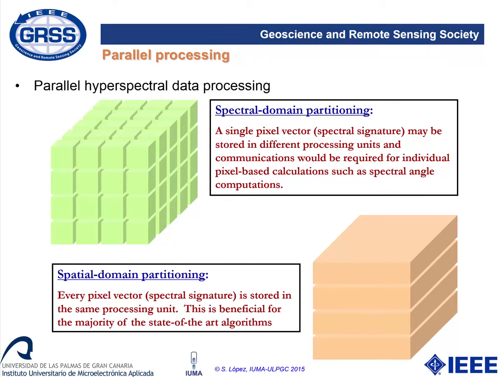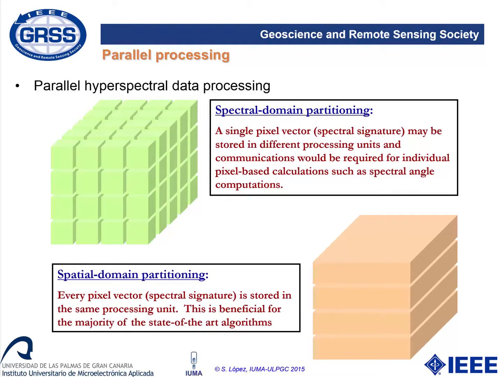And then we have also the spatial domain partitioning, in which every pixel vector, with all the bands, is stored in the same processing unit. So each processing unit is processing one or more pixels, but all the pixels that are stored there are stored with all their bands, all the spectral information.